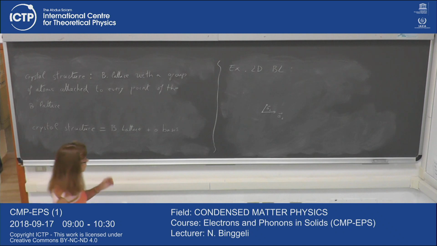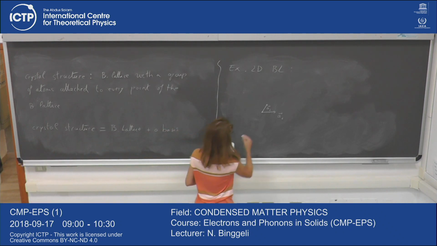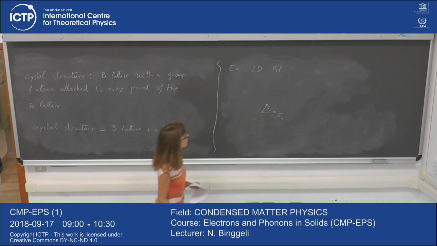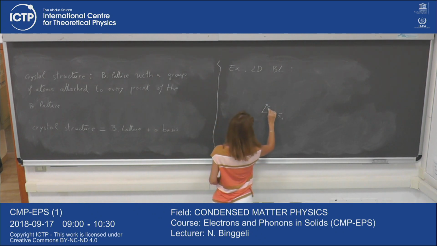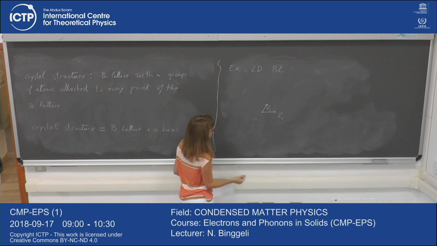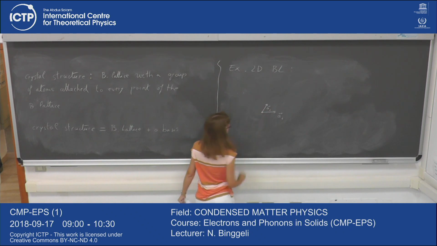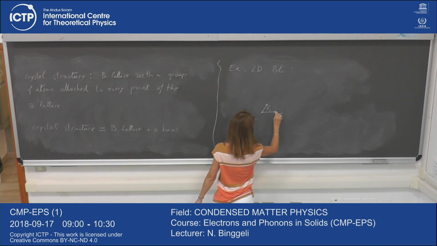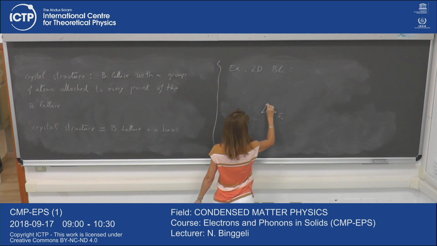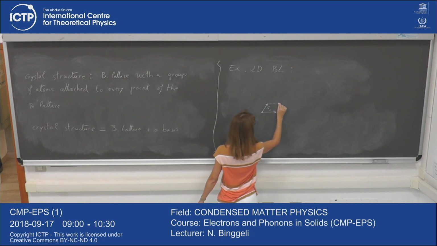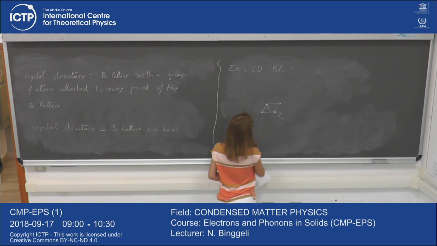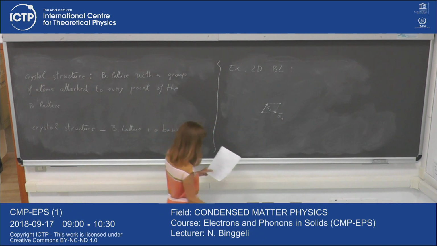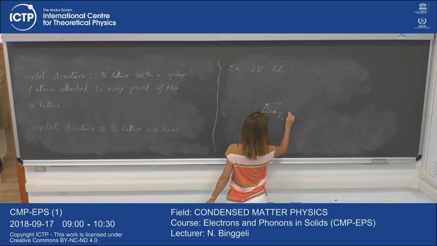And now with the definition, I can construct the points of the Bravais lattice with n1 a1 plus n2 a2. So this is 0, a1, 0, a2, 1 times a1, 0 times a2, 1 times a2, 0 times a1, and I have this point, which is a1 plus a2, and I can continue like this.